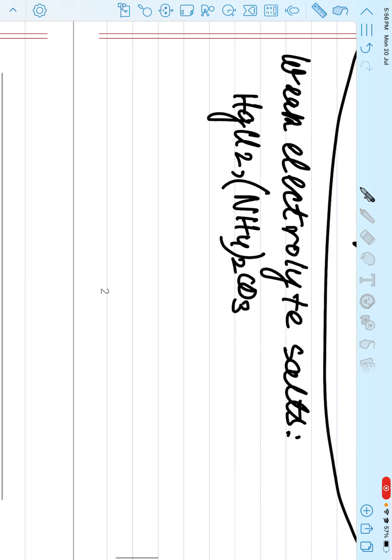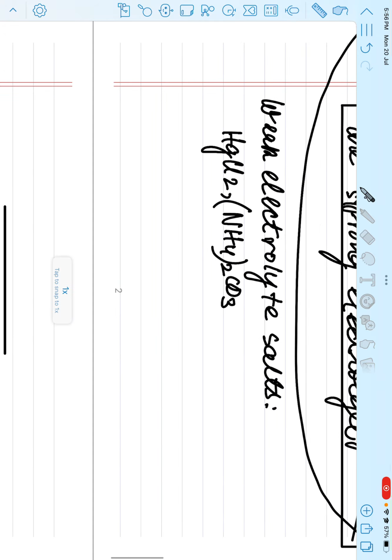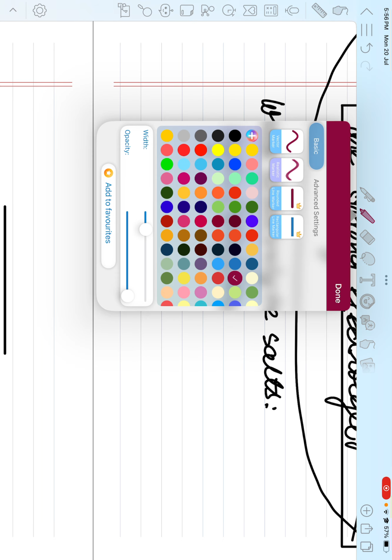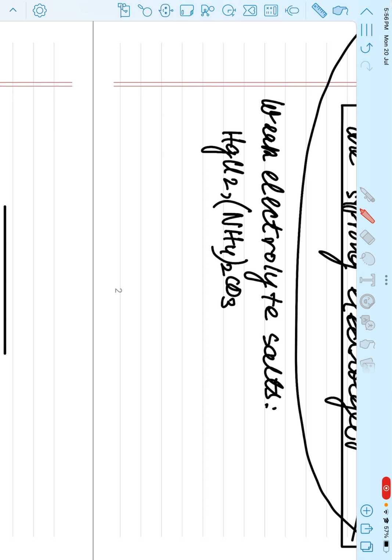Now let me come to a small topic, that is what is an electrolytic cell. Quickly I will explain what an electrolytic cell is, also called a voltameter.